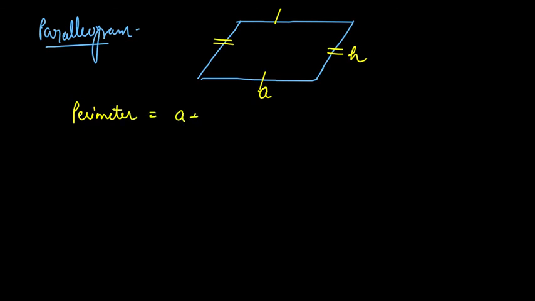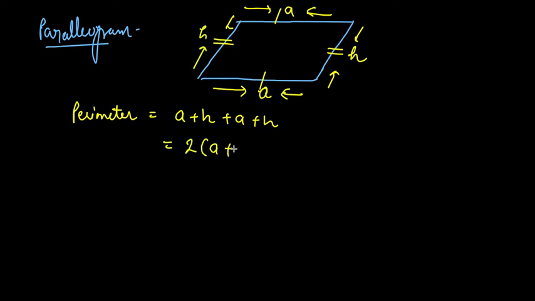It gives me A plus H plus A plus H, because if this side is A, this side will also be A, and if this side is H, this side is also H, which gives me 2 into (A plus H). We can take it as base also. If I take it as B, this becomes B plus H, which gives you 2 into (B plus H). That depends on the variables you are taking. Again it is measured in units.